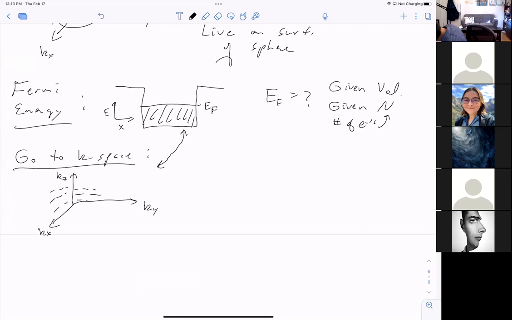And now I have a sphere. And this sphere is filled up to some maximum wave vector, Kf.